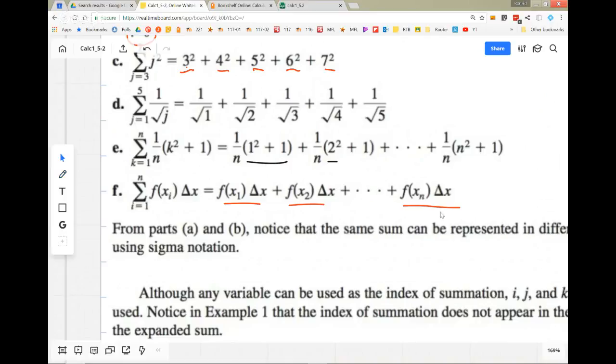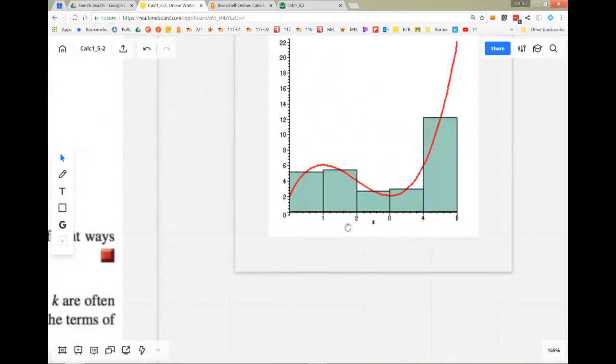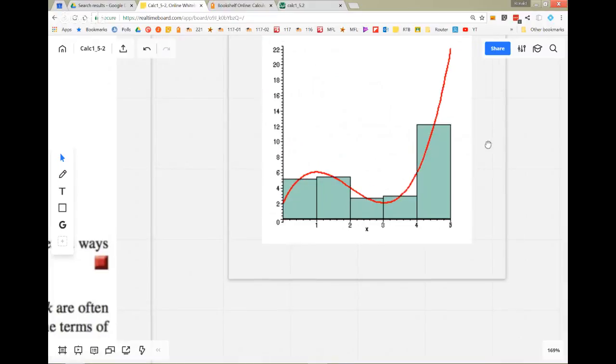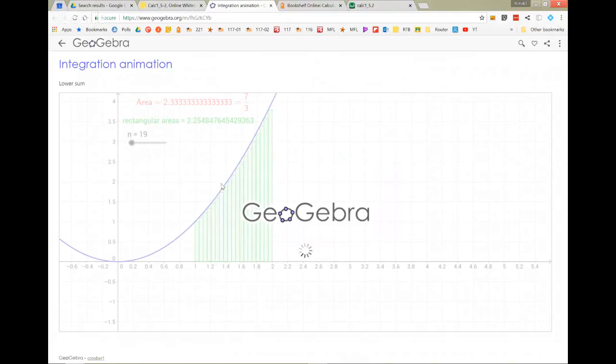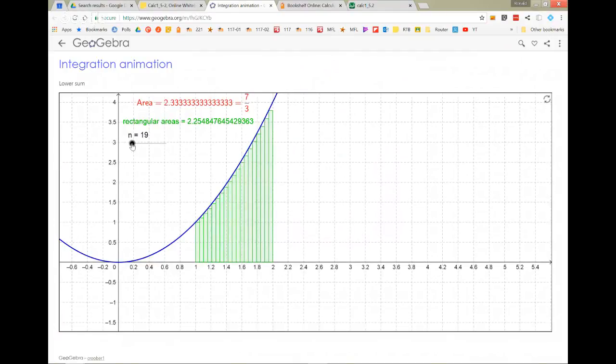Again, the picture is that we're adding up these rectangle areas, and you can see that even though it's really rough, we've got approximately the area under the curve. Now, I want to show you what's going to happen when we look at this animation. There's one rectangle underneath, and then there's 7.